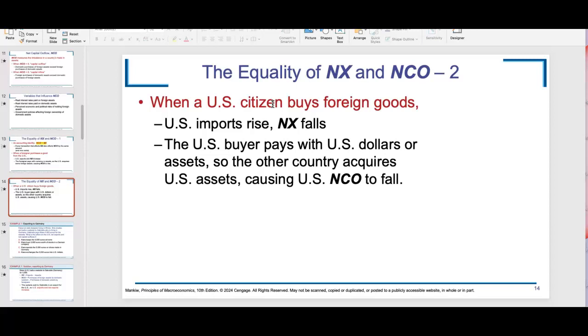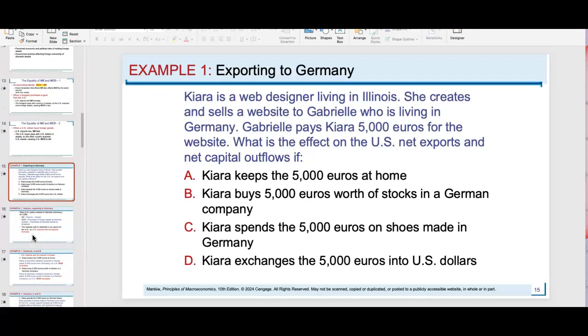The net capital outflow is going to fall. It's going to go down. So they move in the same direction. When there's an increase in net exports, we know there's going to be an increase in net capital outflow. When there's a decrease in net exports, we know there's going to be a decrease in net capital outflow. So let's run an example real quick.